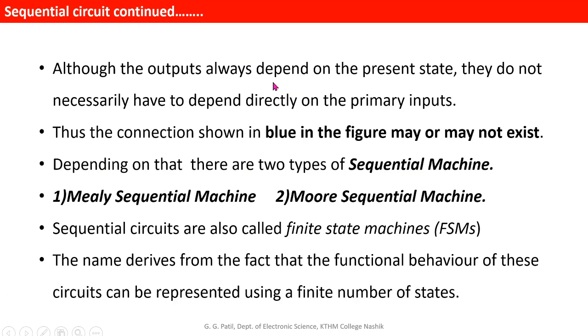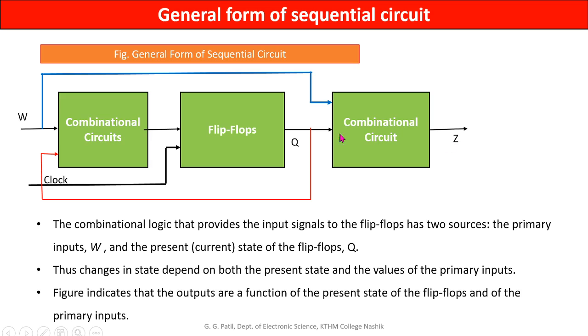Although the output always depends on the present state, it does not necessarily have to depend directly on the primary inputs. Thus, the connection shown in blue in the figure may or may not exist. This one may or may not always exist.